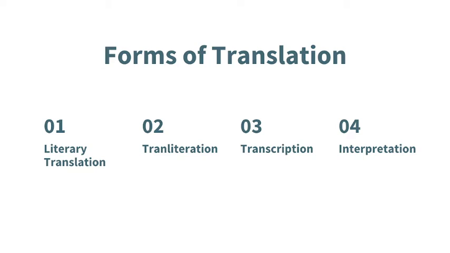So the best example I can give is Jnaneshwari is interpretation of Bhagavad Gita. And you will find many interpretations of Bhagavad Gita written by many interpreters. So this is what the forms of translation.